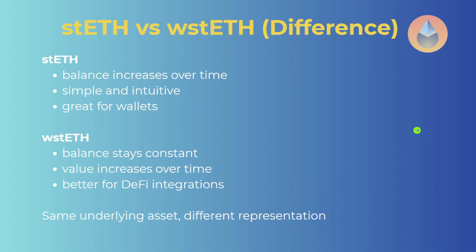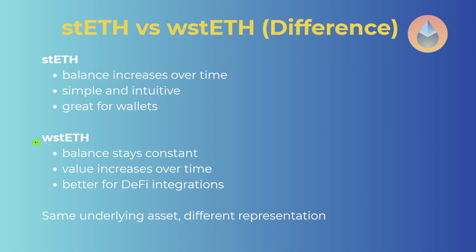Why do we need these two versions of the token? It's very simple: some DeFi applications do not support rebasing tokens like stETH, so we need a token that has a constant balance like wrapped stETH.